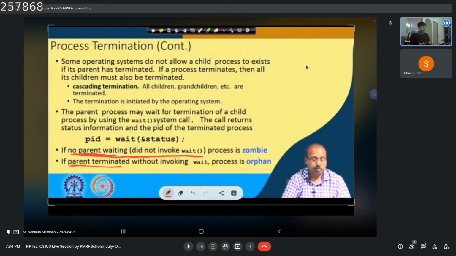If the parent is still there in the system, in that case it's a zombie. The parent terminated means the parent is not in the system. In that case, it is an orphan. That's the difference.